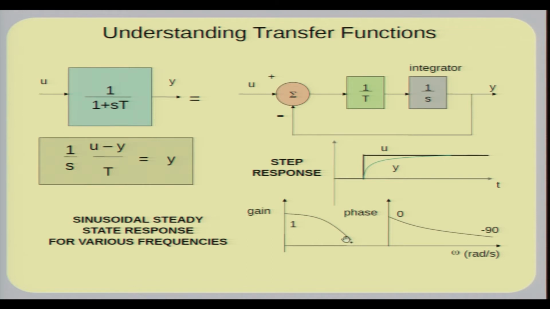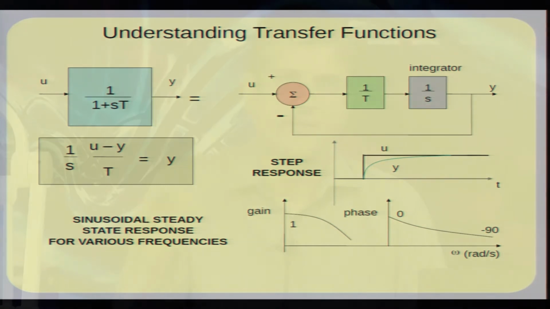Usually the gain is given in a log scale. Remember that you get a nice behavior, almost linear in the low frequency and the high frequency range, if you actually plot it in the log scale.